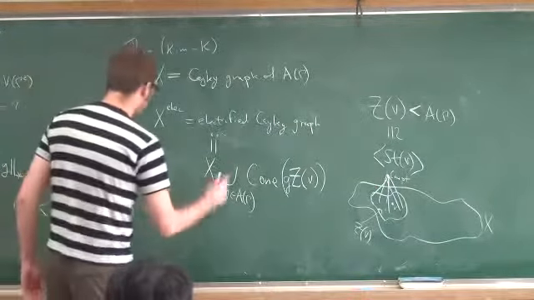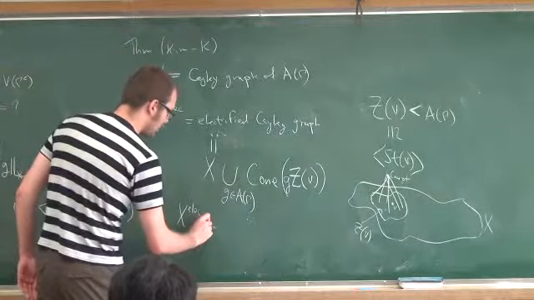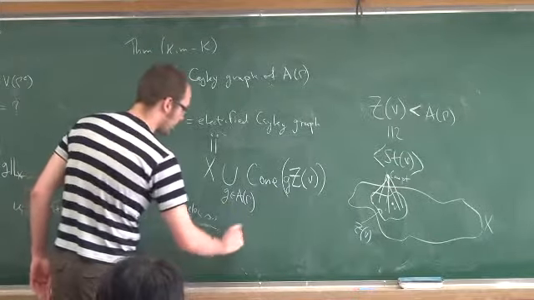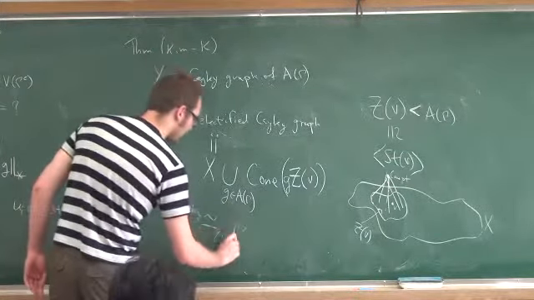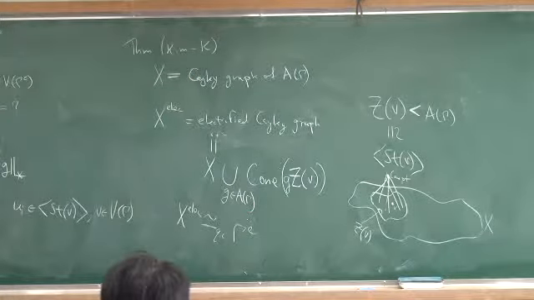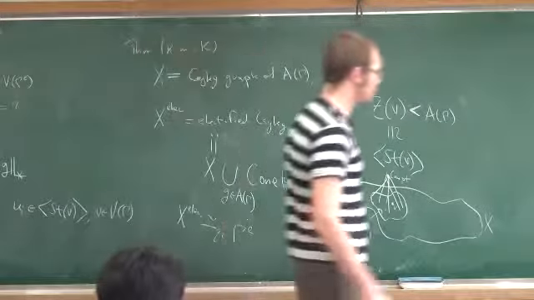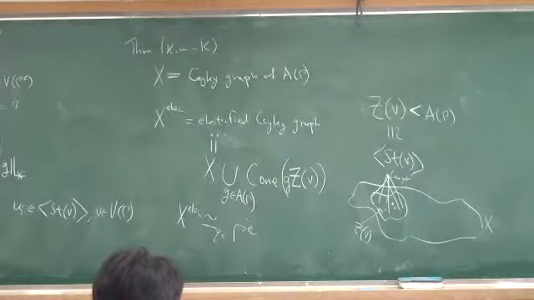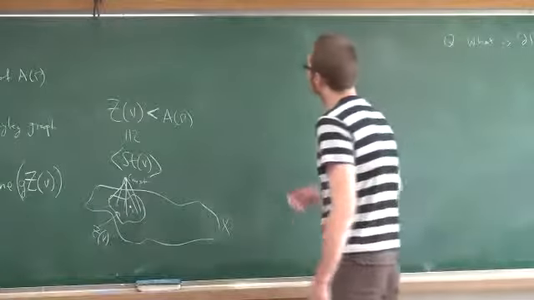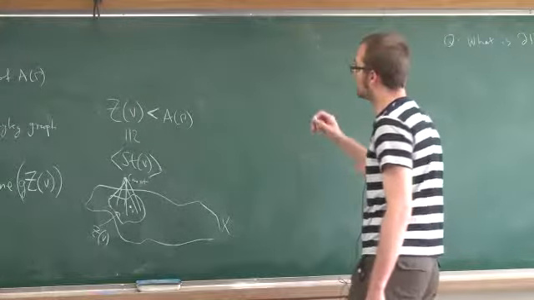And so what it turns out then is that the electrified Cayley graph is quasi-isometric to the extension graph. And this is analogous to a certain construction inside of the mapping class group, which relates the Cayley graph of the mapping class group to the curve graph.